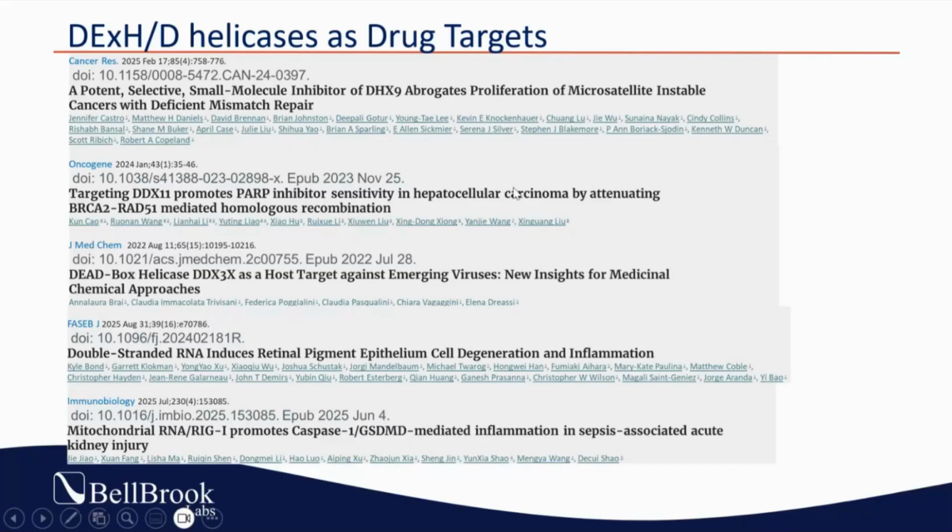Another example here is DDX11, which is a synthetic lethal target, in this case in breast cancer. By combining a DDX inhibitor with PARP inhibitors, you can selectively target those cancer cells. And most of the reason that they're being targeted as antivirals is because they're host proteins that are hijacked by the viruses to enable their replication or their translation or whatever.